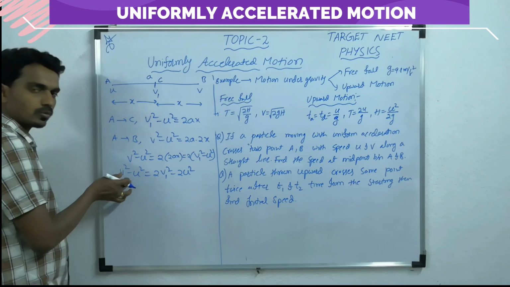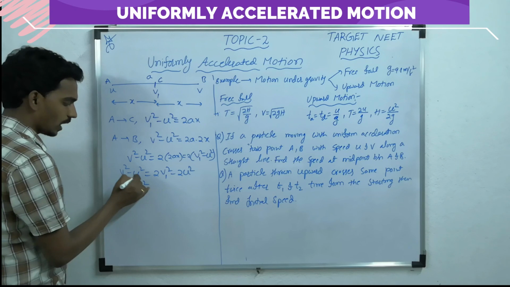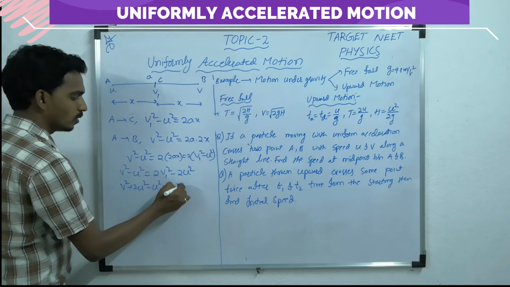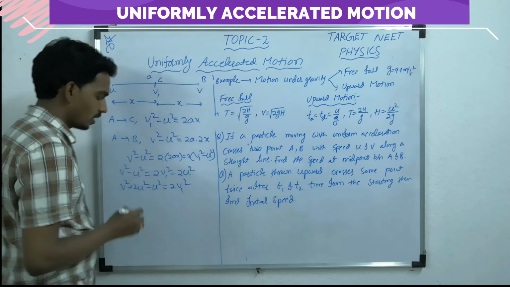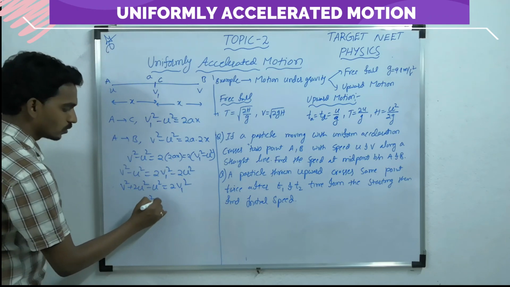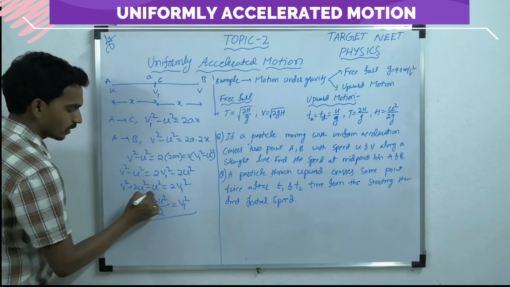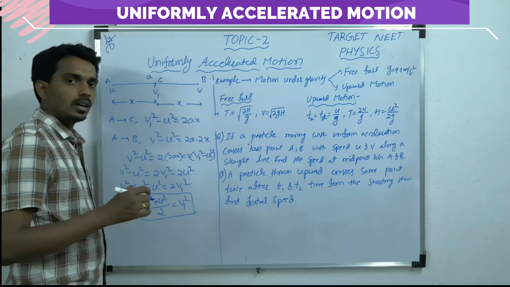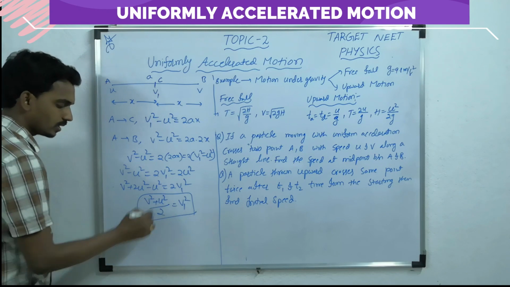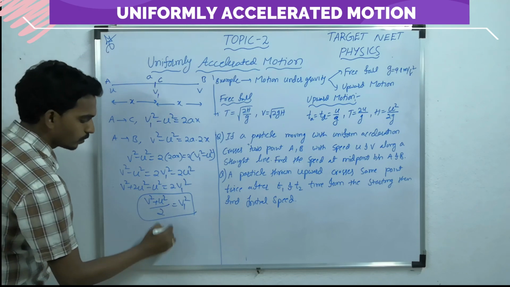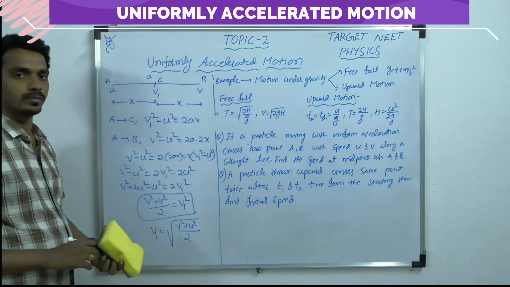Bring this minus 2u square to this side, plus 2u square. So v square plus 2u square, already minus u square, equal to 2V1 square. So 2u square minus u square, u square. So v square plus u square equal to 2V1 square, and bring this 2 to the other side: V1 square equals (v square plus u square) by 2. What is V1? The speed at midpoint. So the speed at midpoint is under root of (v square plus u square) by 2.